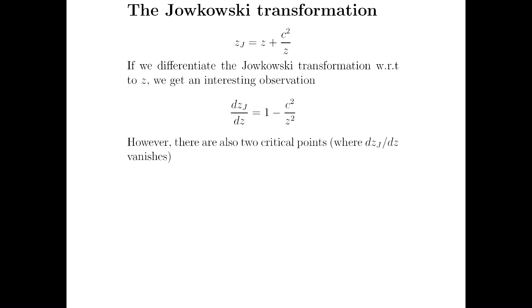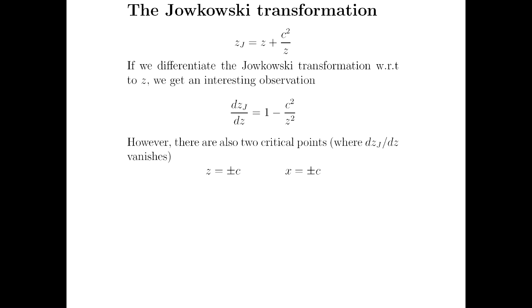But we do see that there are two critical points when dzJ over dz equals 0. When this term equals 0, we have z equals plus minus c, and c is a real constant. Therefore, we have two critical points at x equals plus minus c.